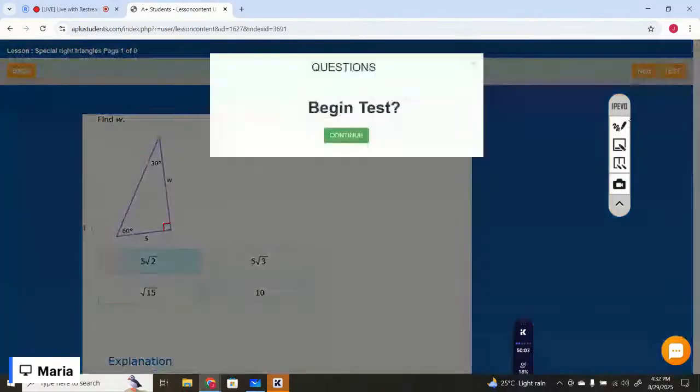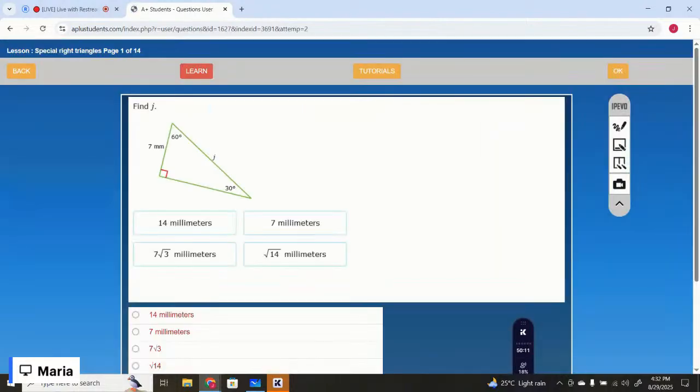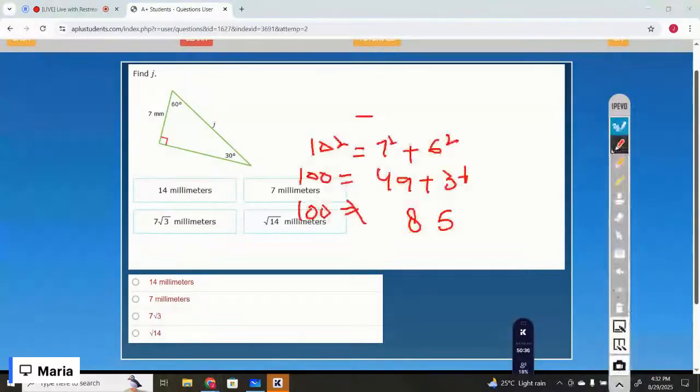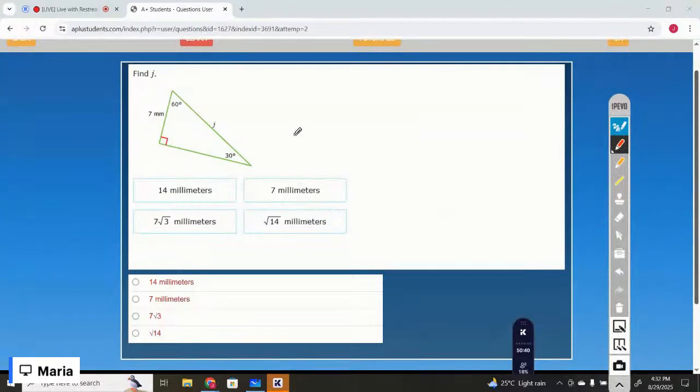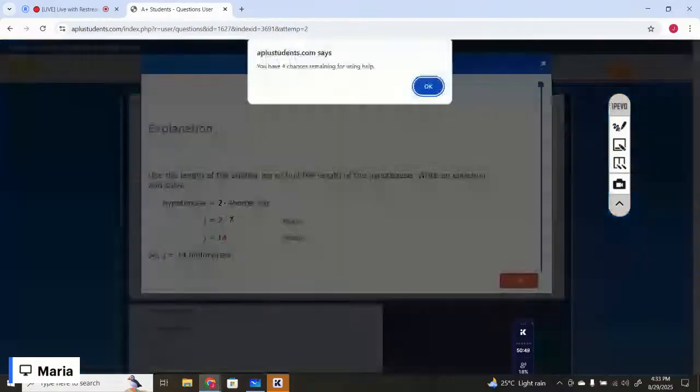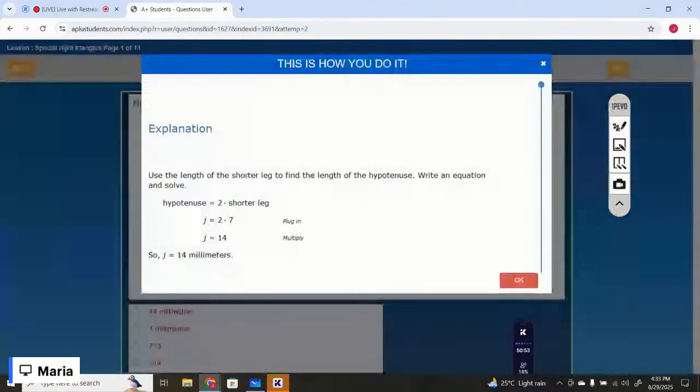Let's just start with the test question. Find J. The hypotenuse is equal to 2 times the shorter leg.